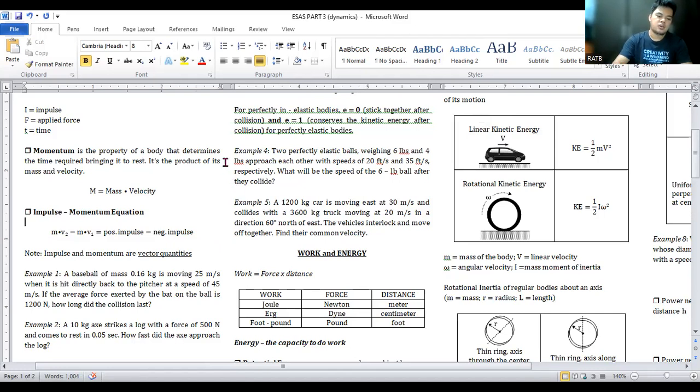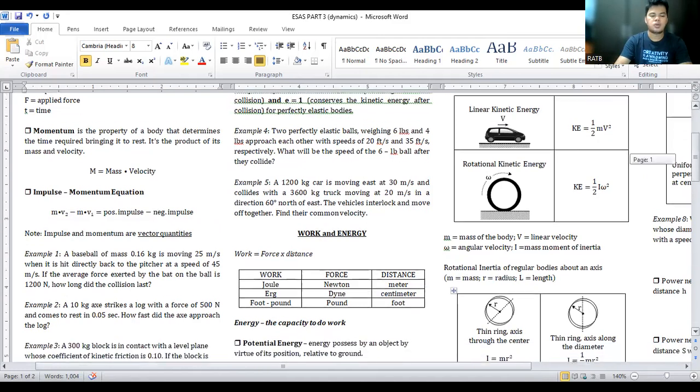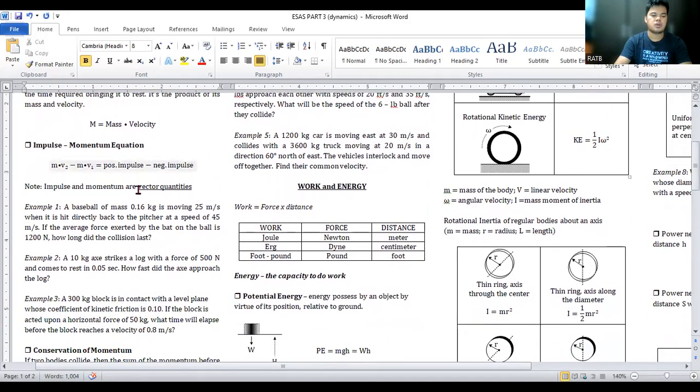Just bear in mind that the two quantities, impulse and momentum, are vector quantities. That means you have to consider not just the magnitude but also the direction. Meaning to say, these quantities are signed quantities, so they can be either positive or negative.